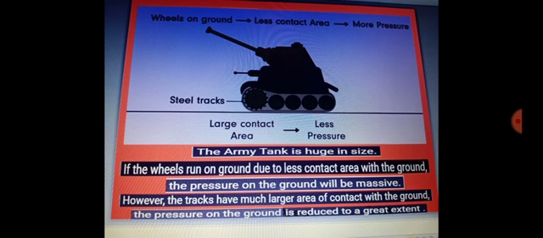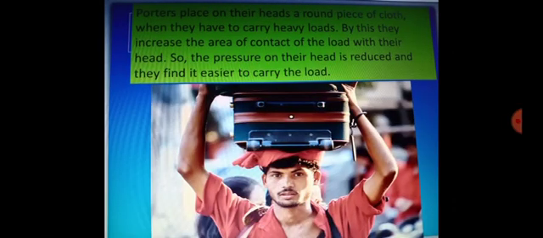If the wheel ran on the ground, due to less contact area with the ground, the pressure on the ground would be massive. However, the track has much larger area of contact. The steel ribbon-like thing is called steel tracks. Because of that larger area of contact with the ground, the pressure on the ground is reduced to a great extent.